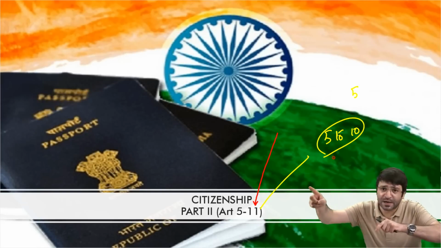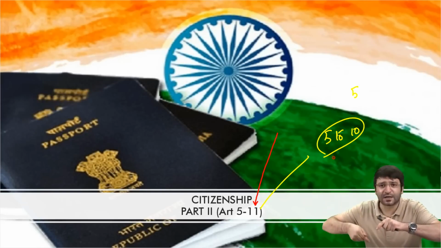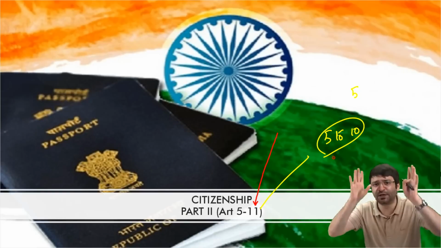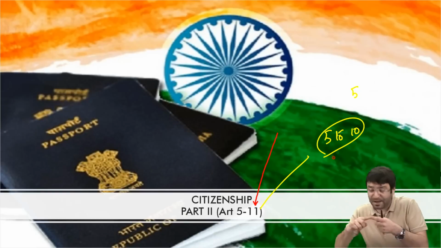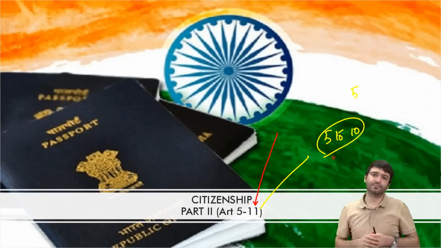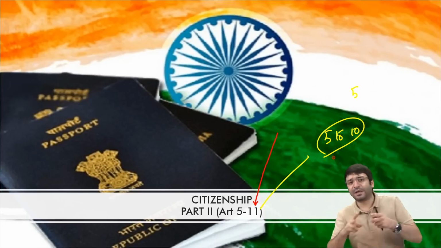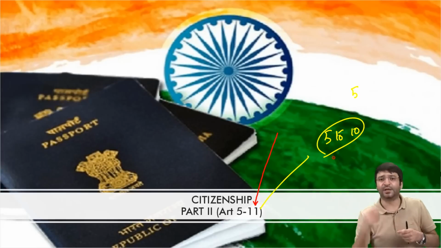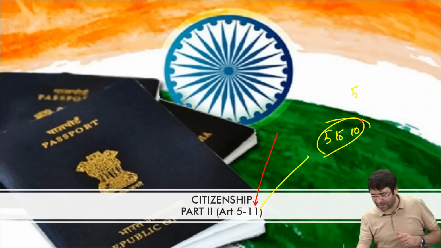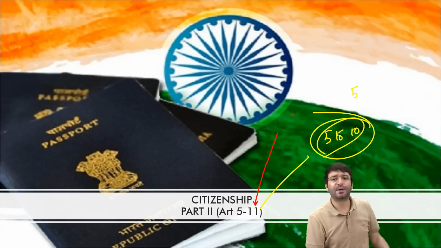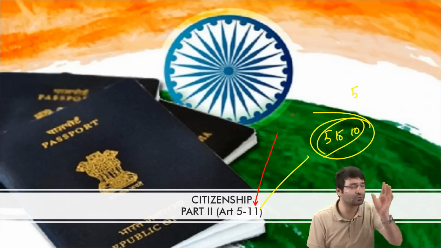Those who went to Pakistan and now want to come back, they can come back by July 1948. If you come back after that, you will not become the citizen of India. What will happen to those who have come from Pakistan to India? All that is mentioned under Articles 5 to 10. That is why I told you it was relevant then. It is no longer relevant today.